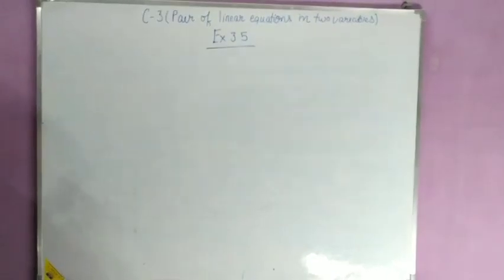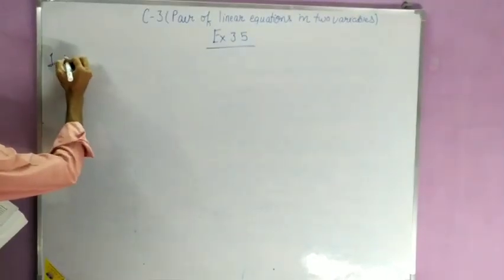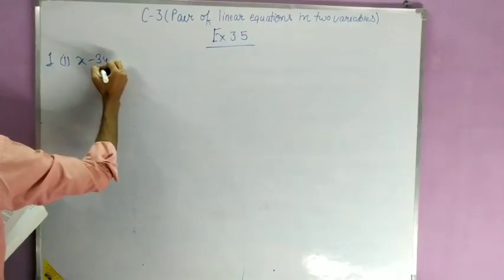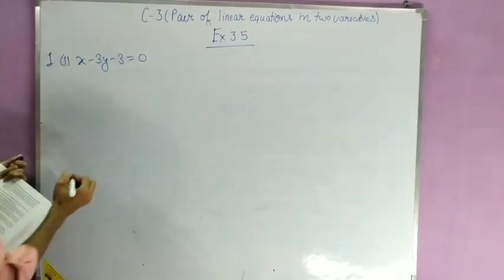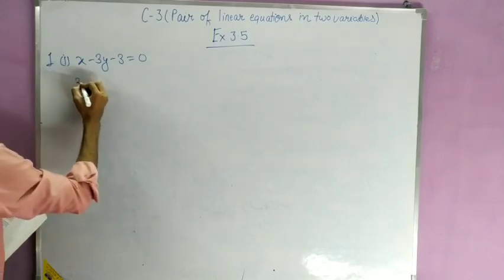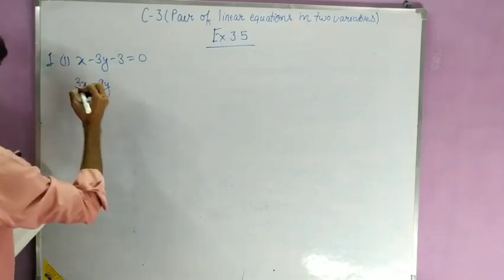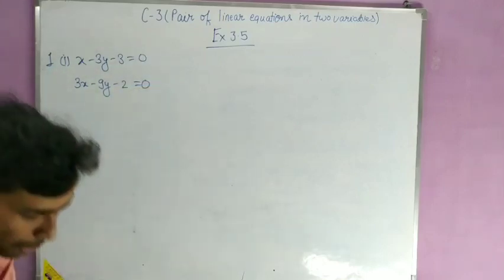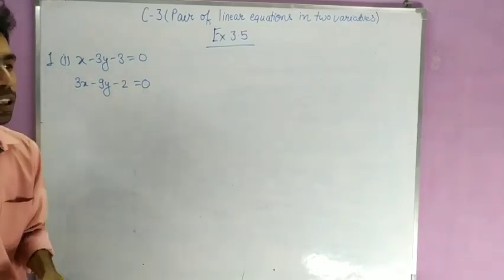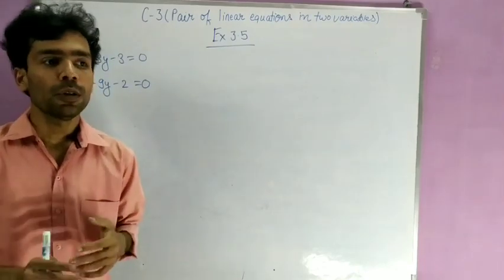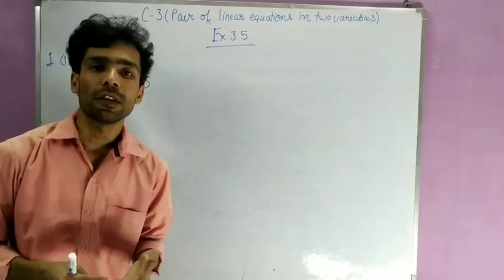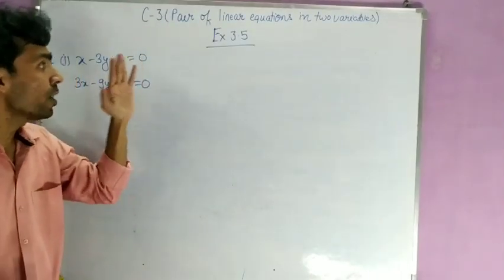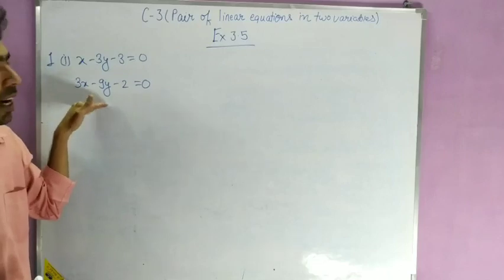So part first of question number 1 is x minus 3y minus 3 equal to 0, and 3x minus 9y minus 2 equal to 0. Now see student, for solving by the cross multiplication method, we know the general form of a pair of linear equations, and this equation is already in general form, because all the expressions are on the left side and the right side is 0.